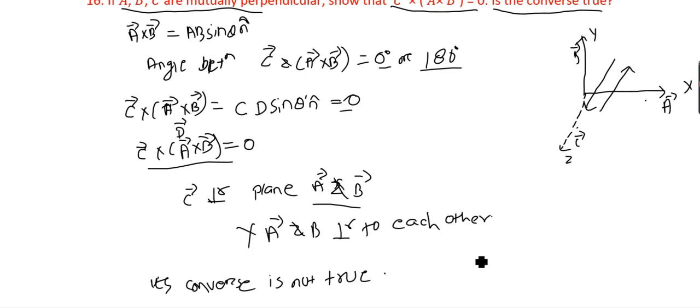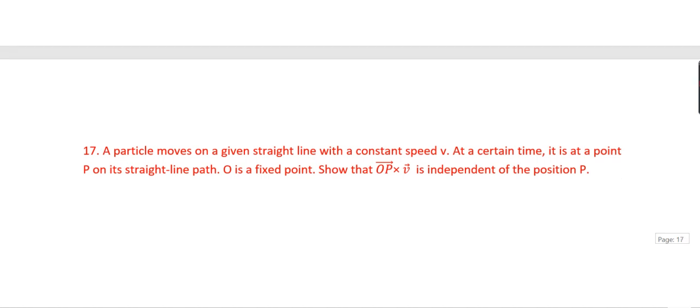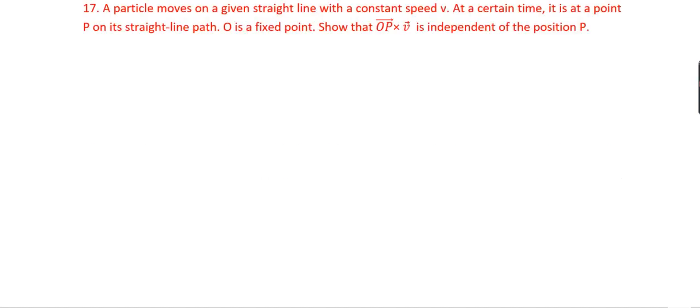Okay, so our next question is question number 17. The question is: a particle moves on a given straight line at a constant speed v, the v vector, sorry, a speed is given, so it is in magnitude.